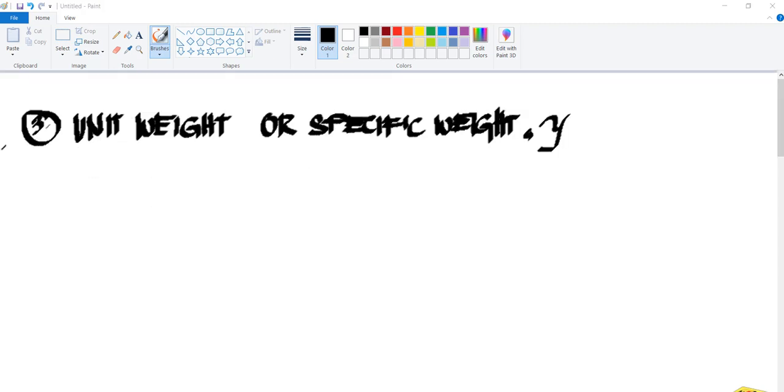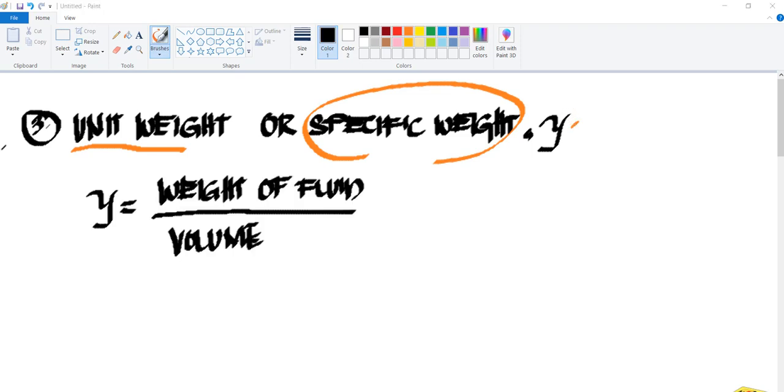Okay. Next, we have a third property that will also be needed, called the unit weight or the specific weight. But mostly it will be called specific weight, and it has a symbol like this. The specific weight is defined as the weight of the fluid divided by the volume.